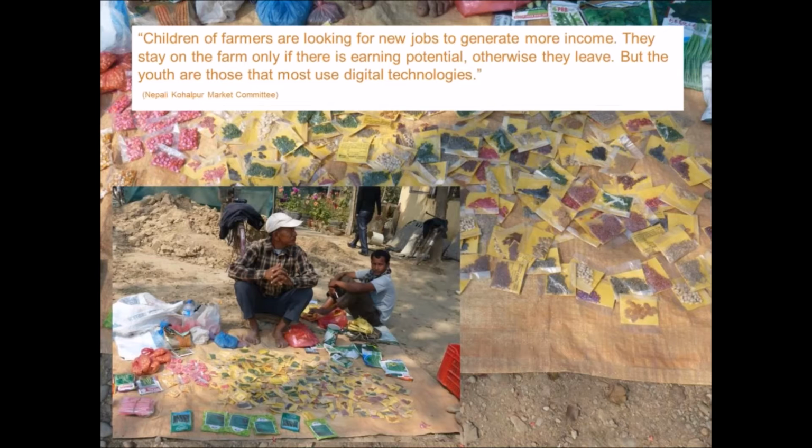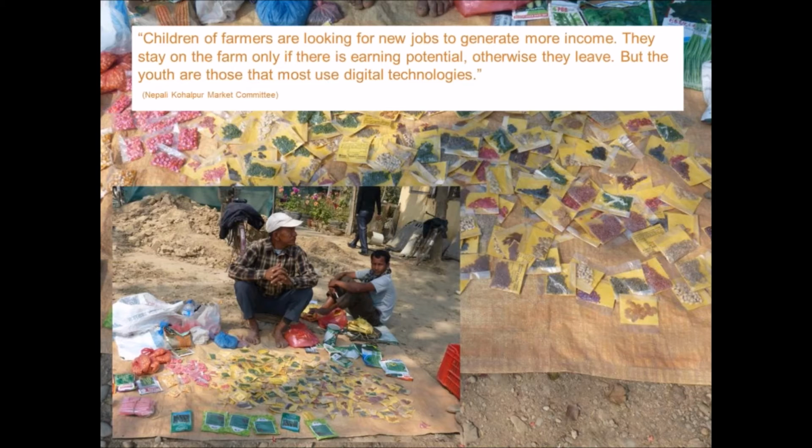The improvement of the agricultural value chain would also be a way to ensure new jobs and ensure that youth can stay, see the value of staying on the farm and growing productivity, as opposed to leaving it and going to farms close to the city to look for new jobs that can generate more income.